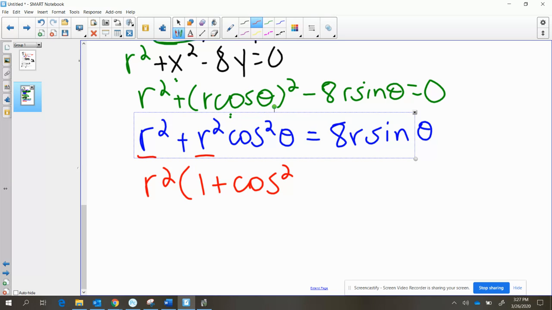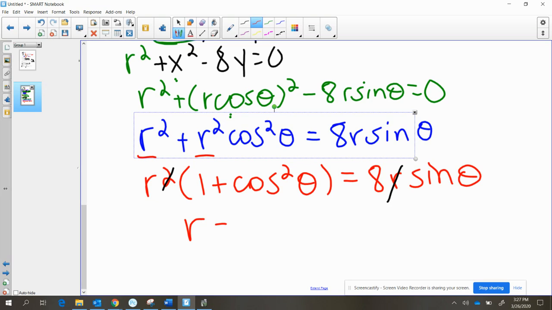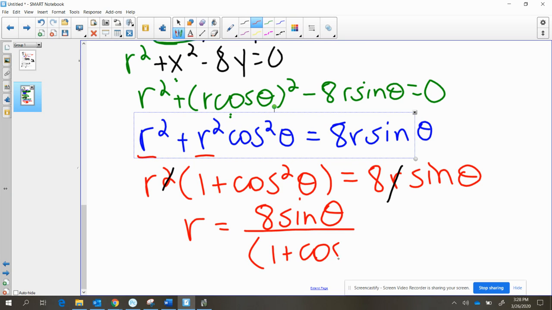So if we factor those out, what we're going to notice is we can cancel one of those r squareds on the left with r on the right. And finally, to get r completely by itself, we can take the value that we have in the parentheses and divide it over to the other side, thus giving us our final answer.